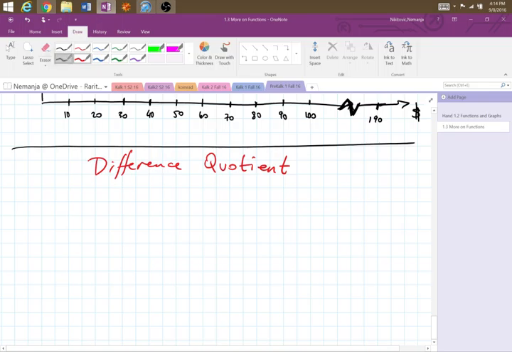So what's the difference quotient? It is a formula that looks like this. f of x plus h minus f of x, divided by h.